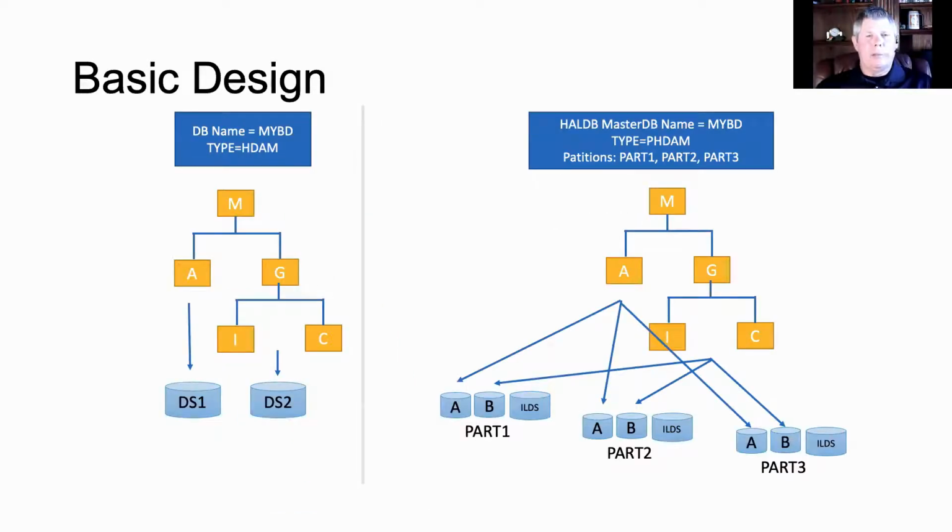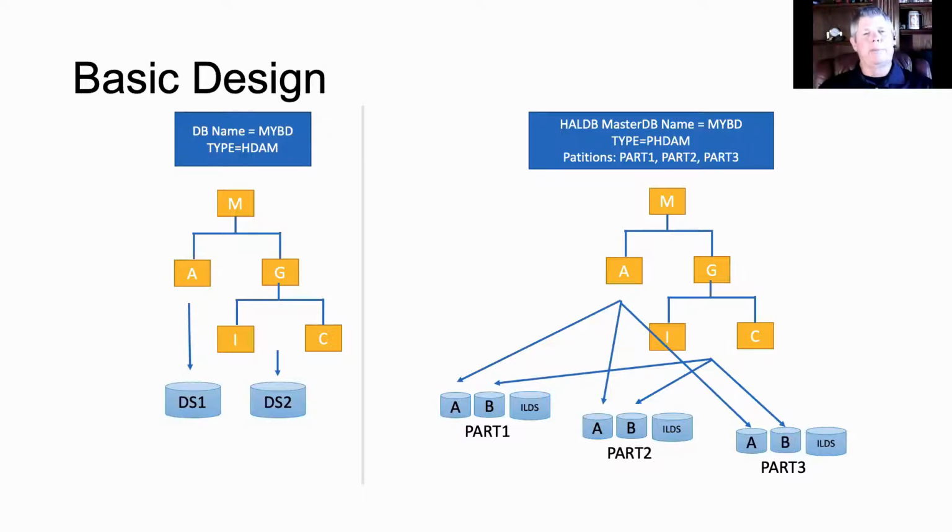So how that looks is, you go from an HDAM database, which I've got 2 data sets assigned to, and then I move that to a HALDB database, which is now a PHDAM database, and I have multiple partitions.